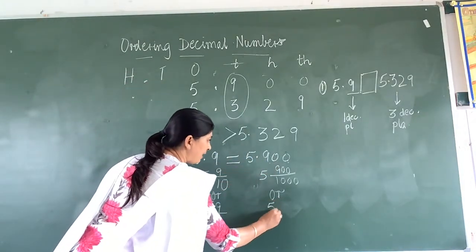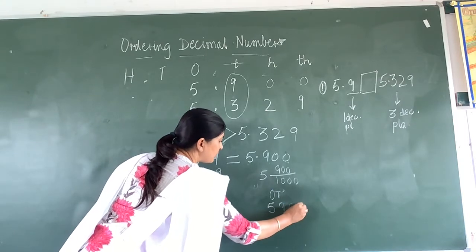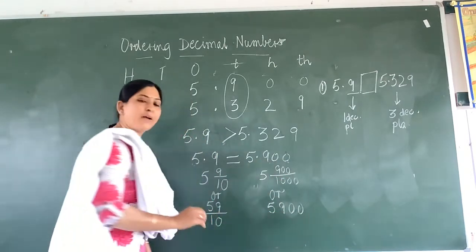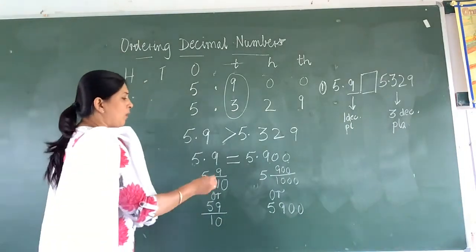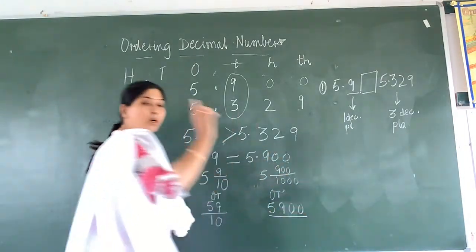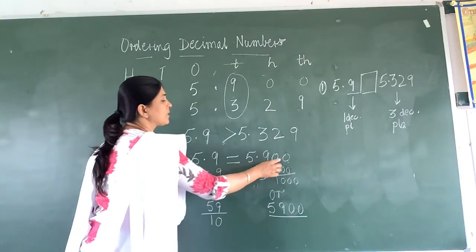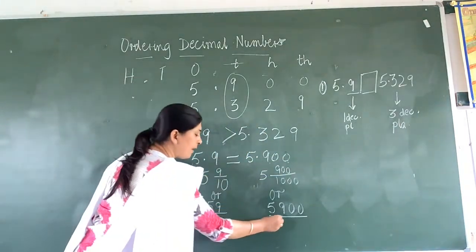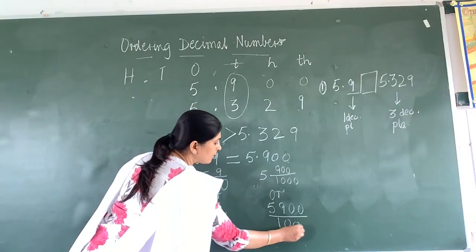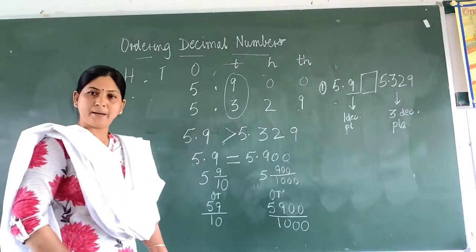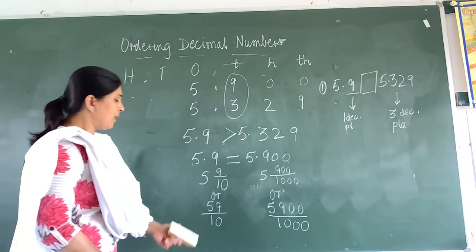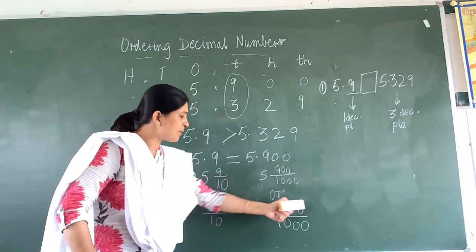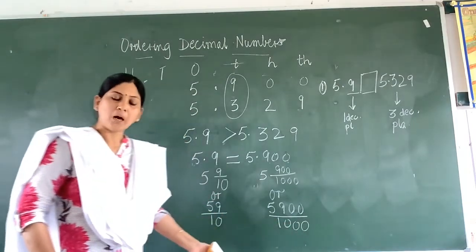5900. Now we have written 5.900 without the decimal point. It is 5900. Now to write the denominator, what do we see? There are 3 digits after the decimal point. That means the denominator will be 1 and 3 zeros. So 5,900 over 1000.